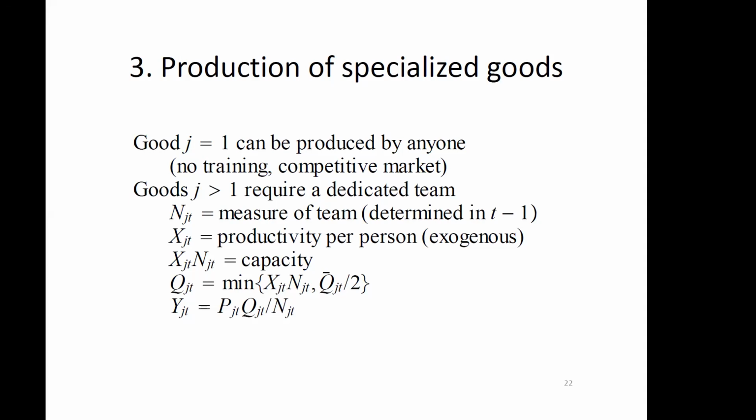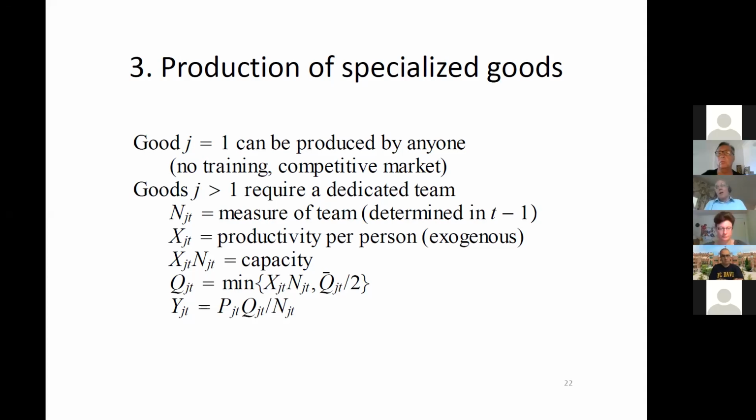And what the enterprise wants to do, I think of these as sort of worker-owned consortiums. The workers get all the profits here, and they operate to maximize profits. What they do is if they have enough capacity to produce the profit maximizing level, Q bar JT over 2, that's what they do.